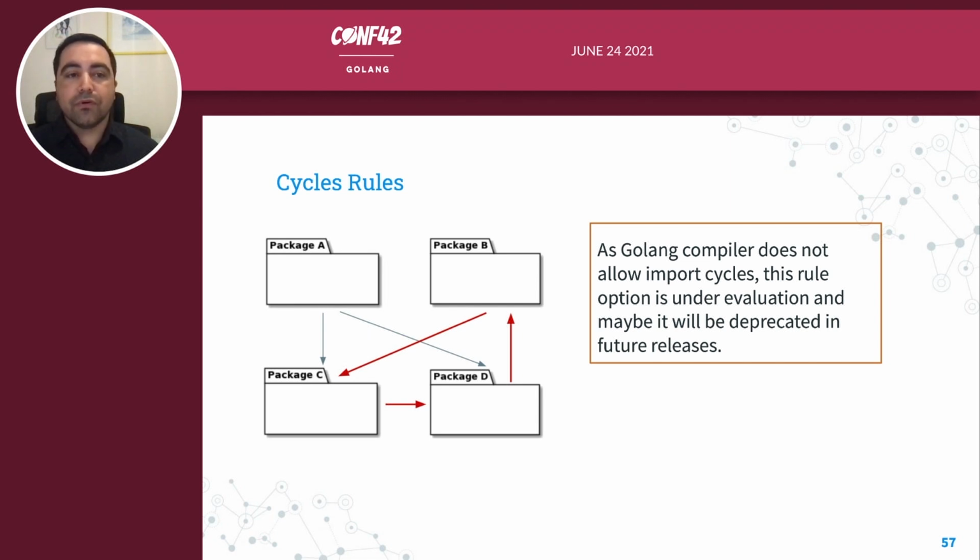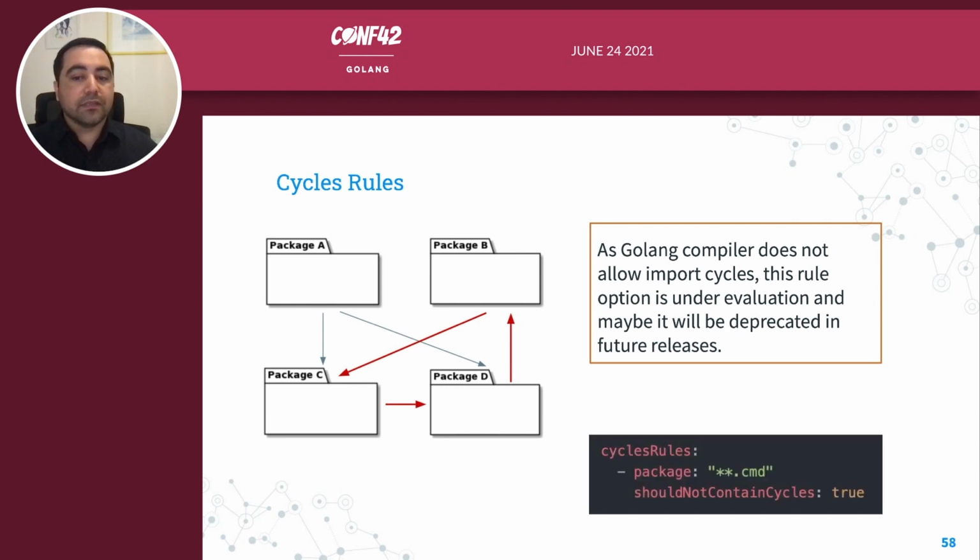If you want to know how to model this rule in the YAML file, there is an example. In this example, we configure that all the packages that comply with this pattern should not contain cycles.